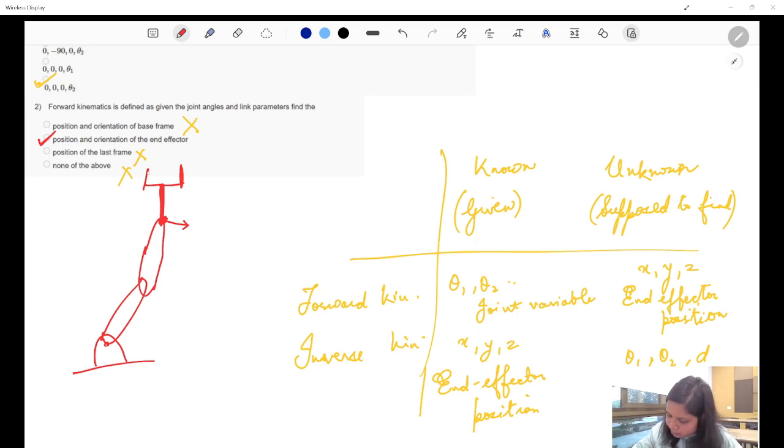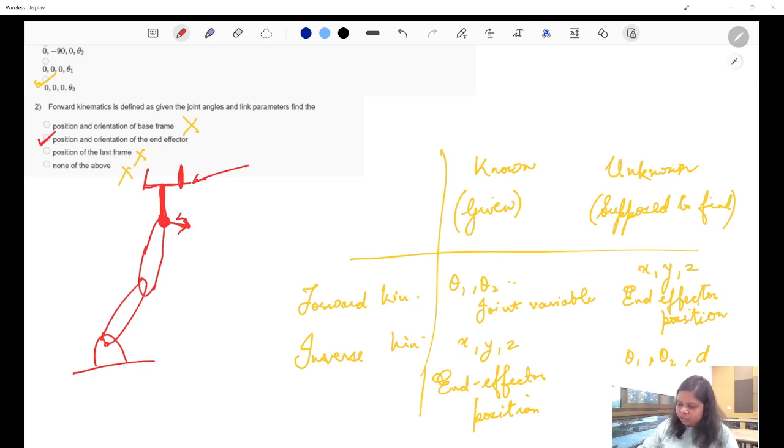So this is your last frame, right? Everything XYZ you are finding is with respect to this frame, and this is the same frame. The frame is not changing. It is just that you have a link and you have made it a tool.